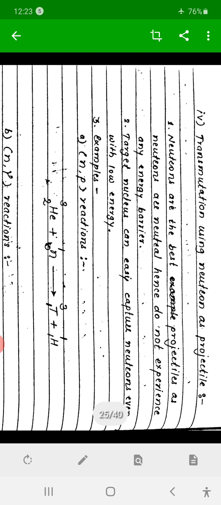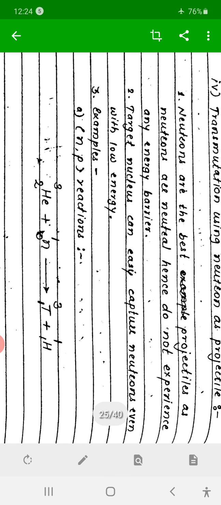Then last, transmutation reactions using neutron as a projectile. Neutron, that is N01, has no charge, only 1 unit mass, 1 AMU. Neutrons are the best projectiles.